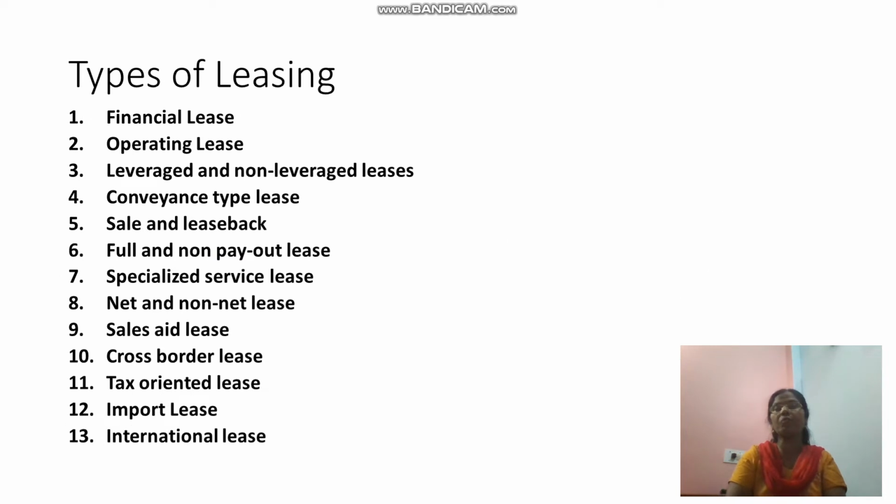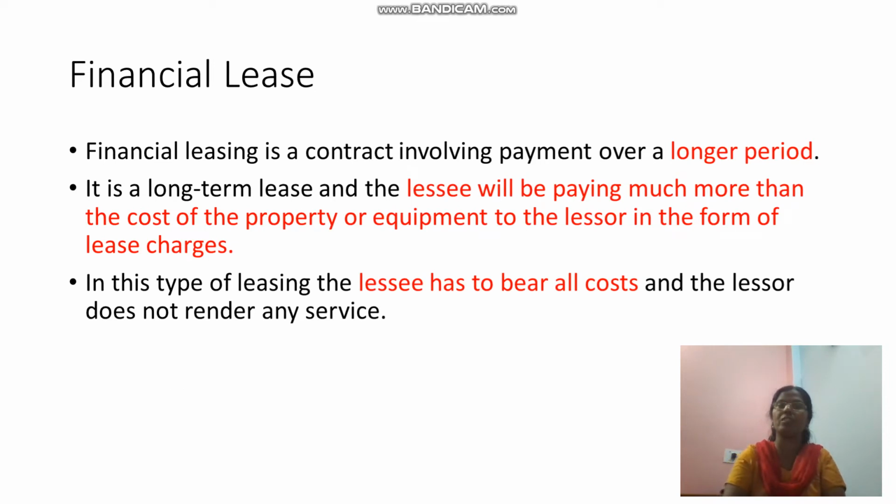So these are the different kinds of lease that are followed. Let me explain one by one. First one, financial lease. In the case of a financial lease, it is a contract involving payment over a longer period of time. In this case, the lessee will be paying much more than the cost of the property or equipment to the lessor in the form of lease charges.